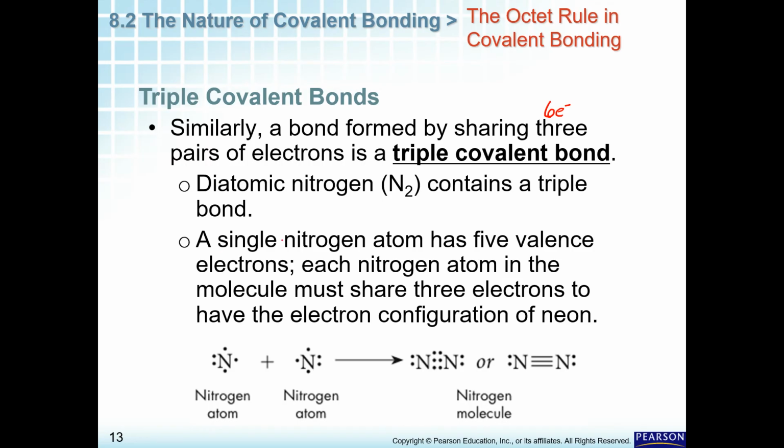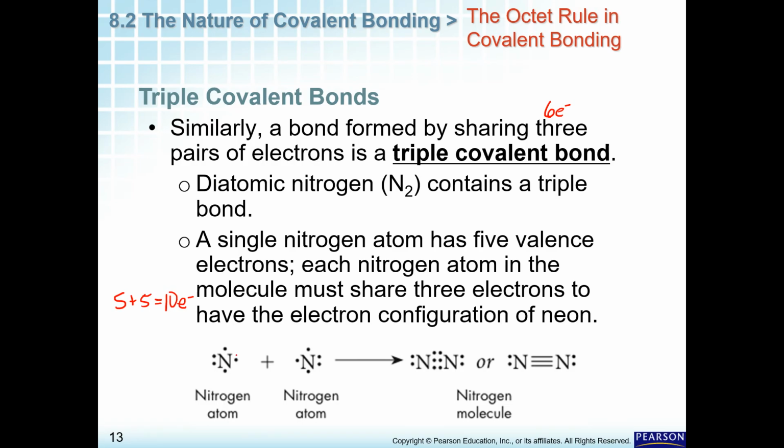The reason for this is a single nitrogen can give 5 valence electrons. So if we have 5 from one nitrogen, we get 5 valence electrons from the other one. So I can only have a total of 10 electrons that I'm working with. Again, I can't have any less or any more.